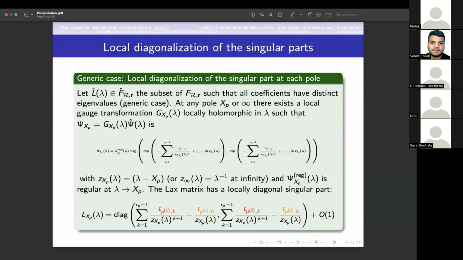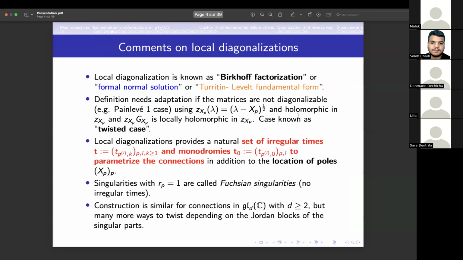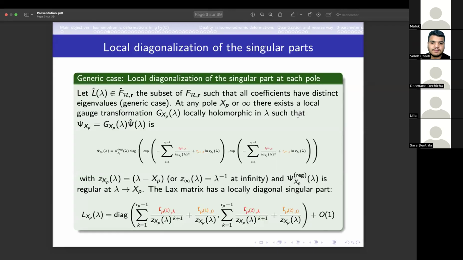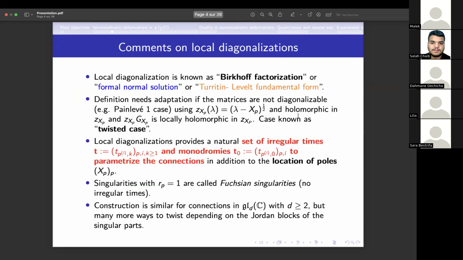This gives us two sets, TP1K, TP12K, and TP10. These sets are going to become very important because in the next slide, I'm going to say that these sets are actually the monodromies and the deformation parameters. This local diagonalization is actually called Birkhoff factorization, formal classification as done by Birkhoff, Turrittin level fundamental form, or formal normal solution.